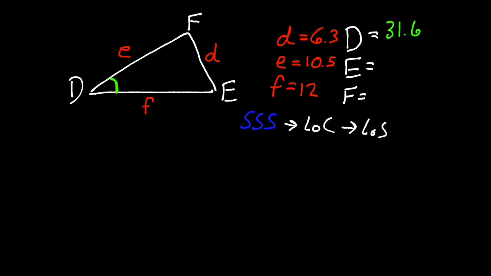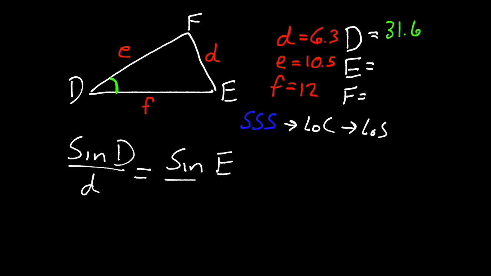So I know from the law of sines before, it's the sine of angle D divided by side D is going to be equal to the sine of angle E divided by side E. And unlike when we started off the problem trying to do the law of sines, this time it'll work because I know D and E, and I know angle D. So I can put all that together.